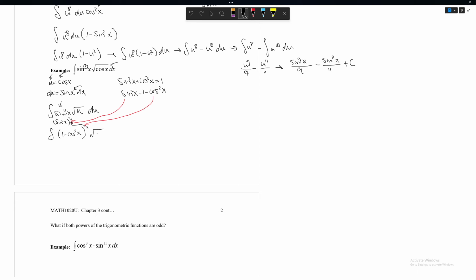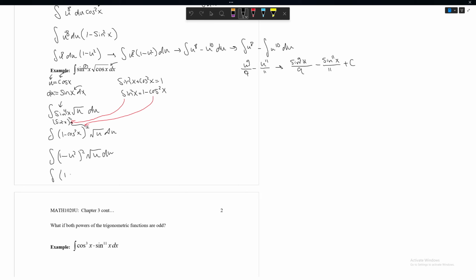And now I still have my root u du. Now I did say my u is cos, so let's replace that: 1 minus u squared, all squared, times root u du. Right, now let's apply the square.